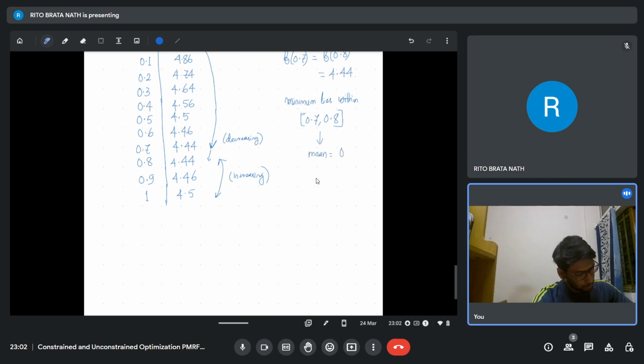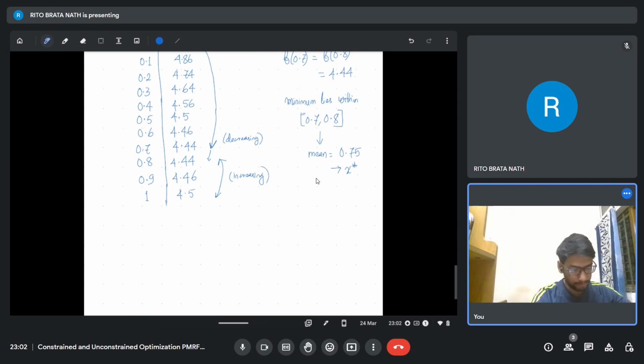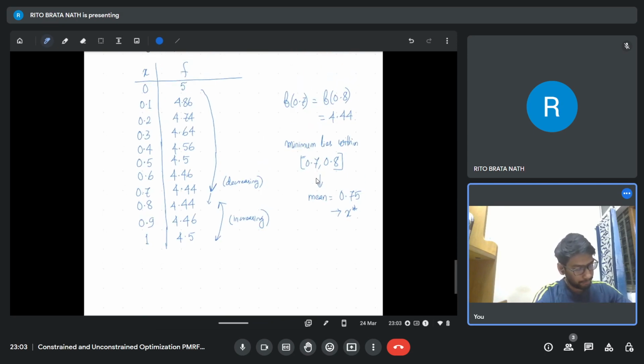So you can take the mean, which is 0.75, and treat it as x star. When you pick 0.75, it's within 5% of the exact value, because you know for sure that it's within 0.7 and 0.8. But typically, the point with the minimum value is picked. If this one is the minimum, then we look at the interval before and after it, and we know for certain that it will lie within 0.6 and 0.8.